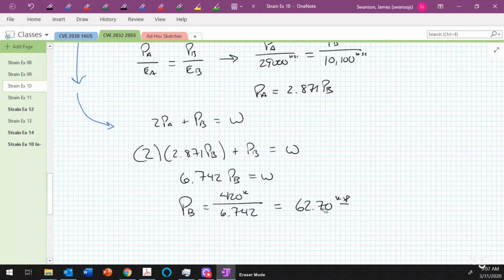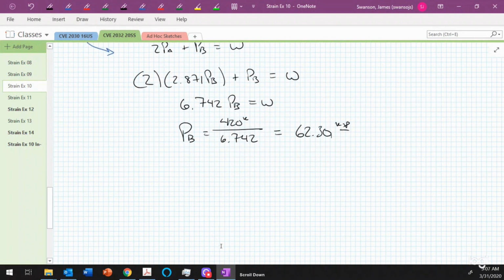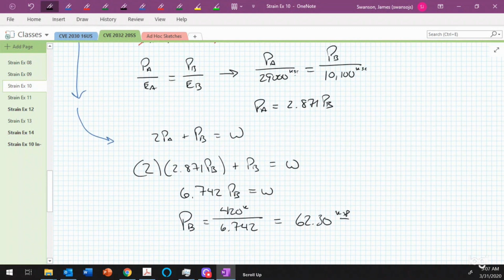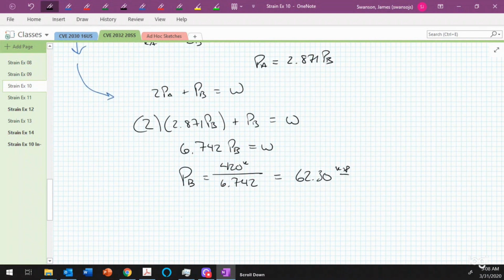Oops, not 70, 62.30 kips. All right, so now what we can do is go back, and we know that P sub A is equal to 2.871 times P sub B. And we type in here 62.30 kips, and 2.871 times that gives me 178.9 kips.